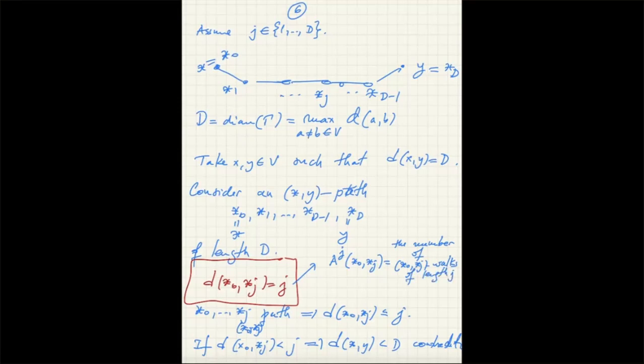And because I have at least one path there, at least one walk, I know for sure that A^j at X0, Xj is going to be positive. So that's the first thing.